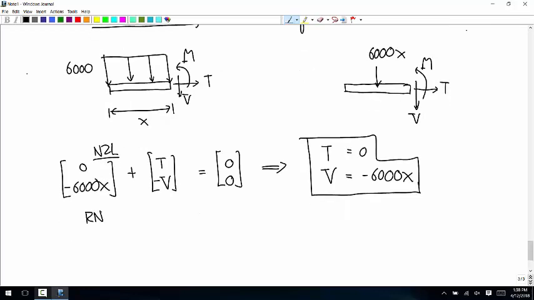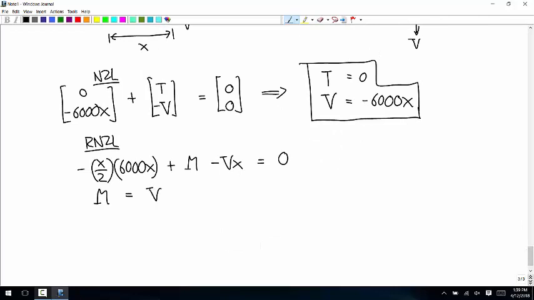And then the moment equation. The moment arm of that 6,000x force is x over 2. The force is 6,000x, and that would cause a clockwise rotation around the left end, so that's negative. Then plus M minus Vx is equal to 0.